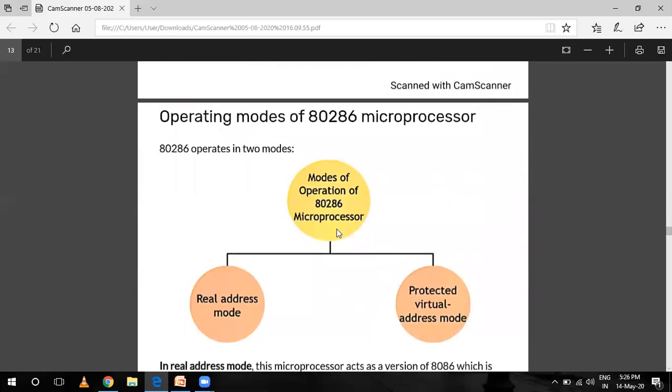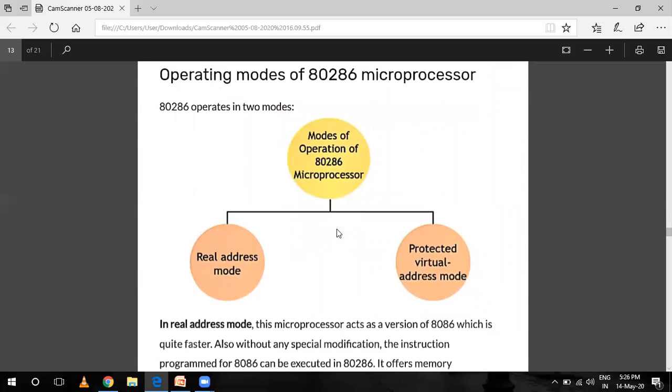Now come to the operating modes of 80286. Basically, 80286 operates in two modes, that is real mode and protected virtual mode. What happens in real mode and what happens in protected mode?